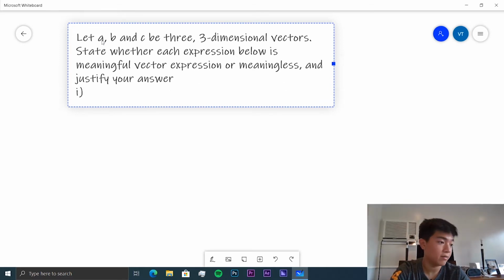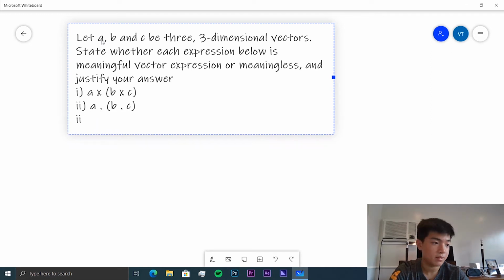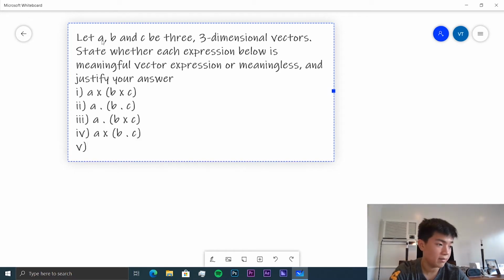First we have A times B times C. Next we have A scalar product B scalar product C. Next we have A scalar product of B times C. Next we have A times the scalar product of B and C. Next we have B times C times A. Is that just B times C times A?